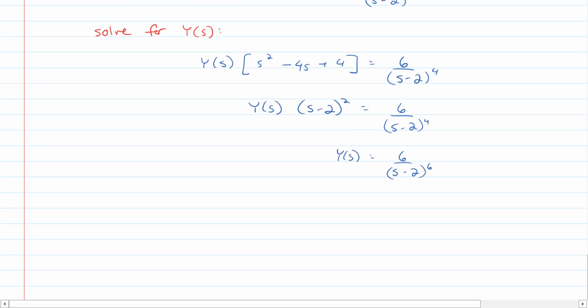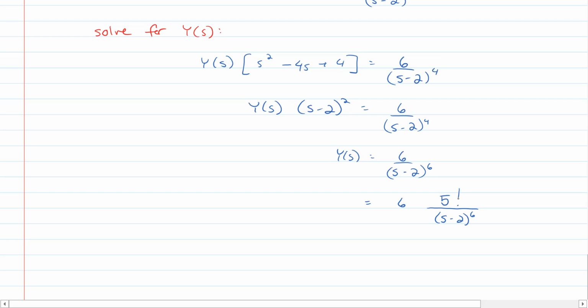Now, that's all very convenient because we're not going to have to do anything nasty with partial fractions, but it would also be really good if we wrote it in the following way. We're going to have s minus 2 to the 6th on the bottom and a 6 out front. In order to take the inverse Laplace transform, it would actually be really handy to have it in the form of 5 factorial. I'm going to try to make that 5 really exaggerated so it doesn't look like an s.